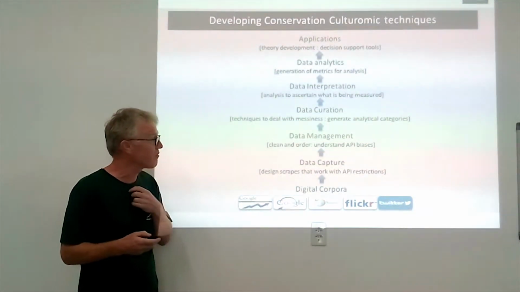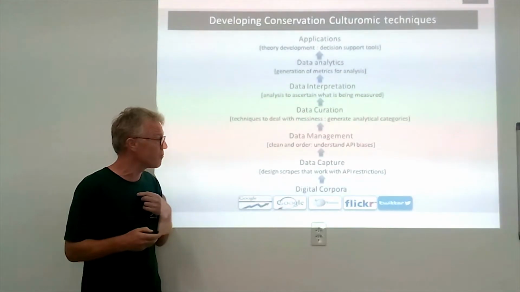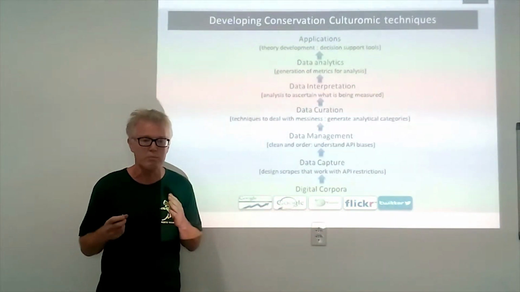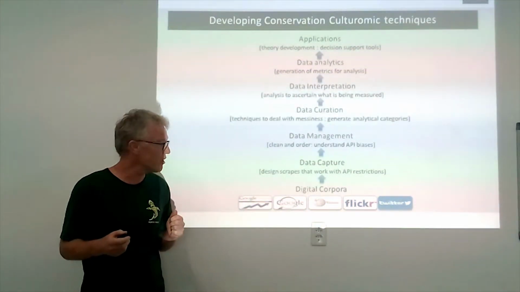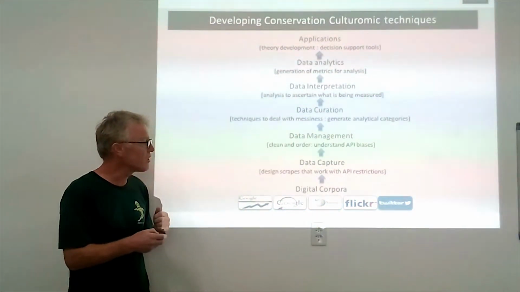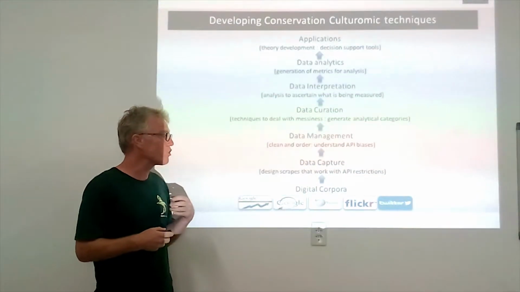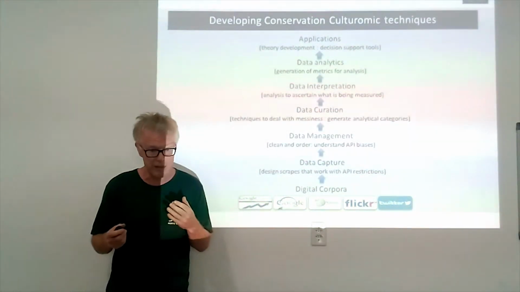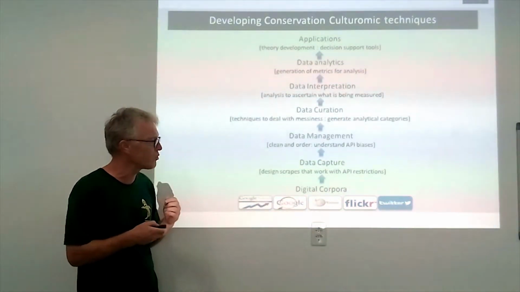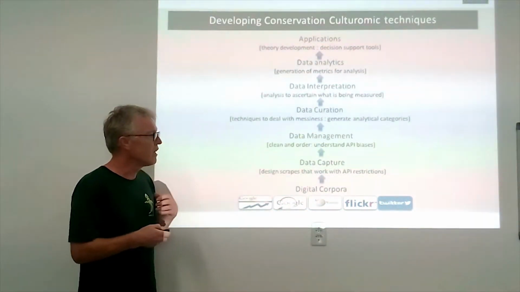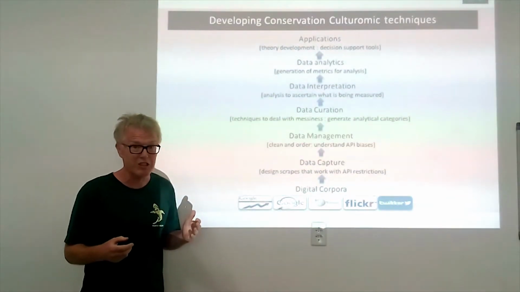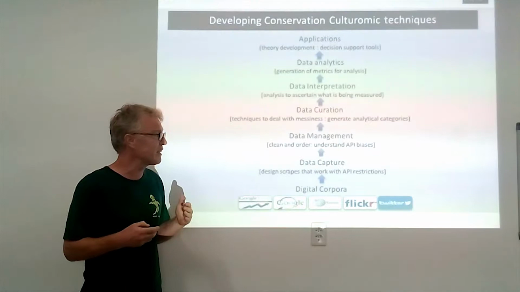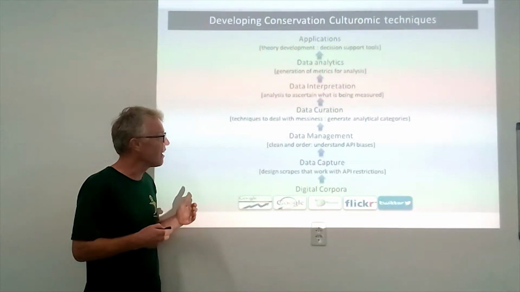This is the general workflow. I don't want to talk very long about this, but in essence you need to choose the digital corpora that is most appropriate to the question that you're trying to answer. You then design automatic scrapes that work with the API. These APIs often have restrictions with them, capture your data. It's big data, so you spend a lot of time cleaning and ordering and understanding the biases of the data.